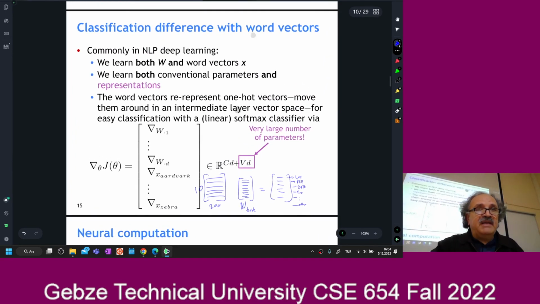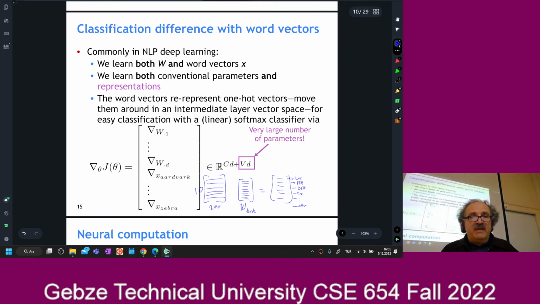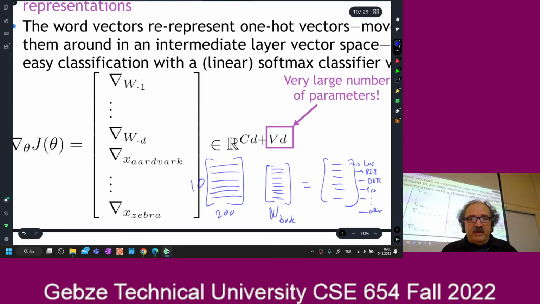So it is common in NLP to learn both W and the word vectors X. We learn both conventional parameters and representations at the same time. Of course, I don't start from scratch. I start from the word vectors that we have learned before in an unsupervised way, then I introduce this problem of named entity recognition. Of course, this is a very large number of parameters.